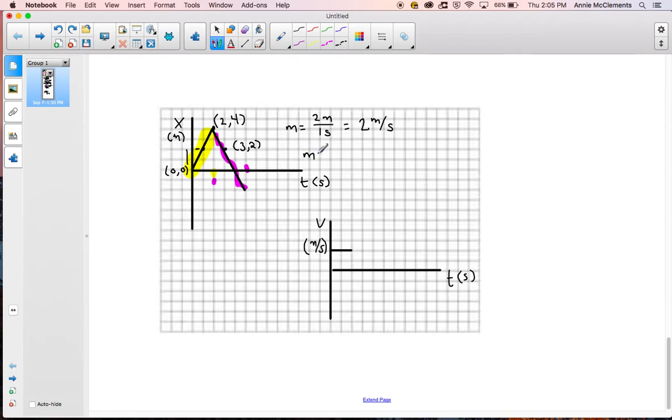We could write out m equals y2 minus y1 over x2 minus x1, right? Which in this case would be 2 minus 4 over 3 minus 2, which gives us negative 2 meters per second.